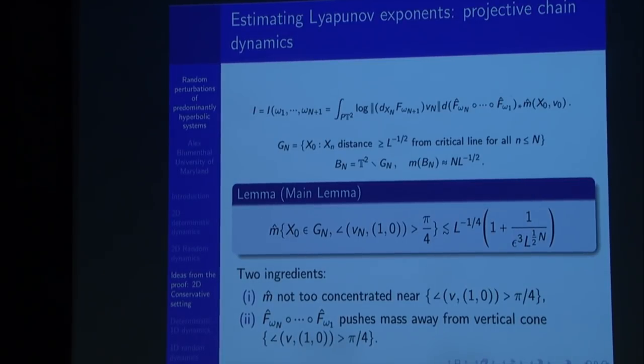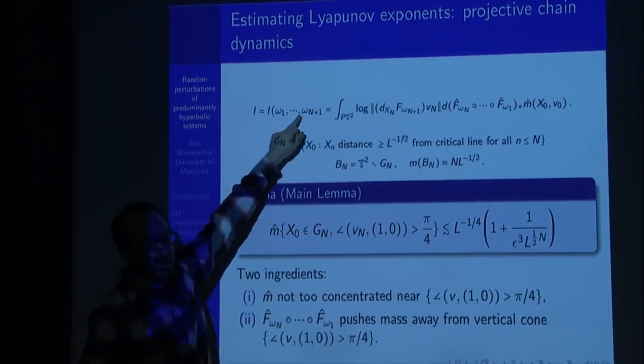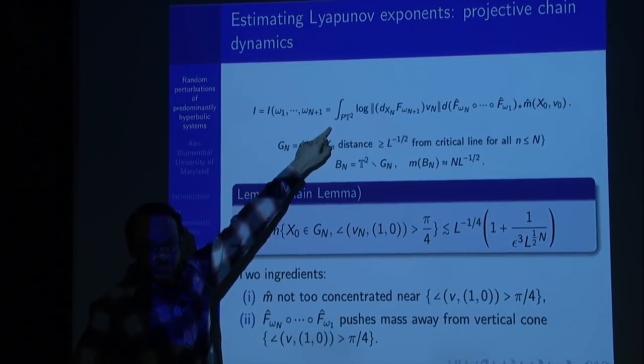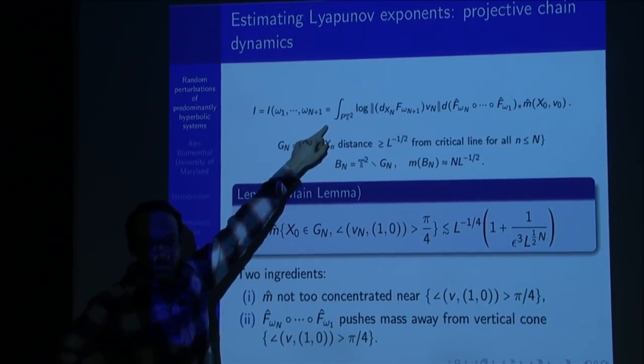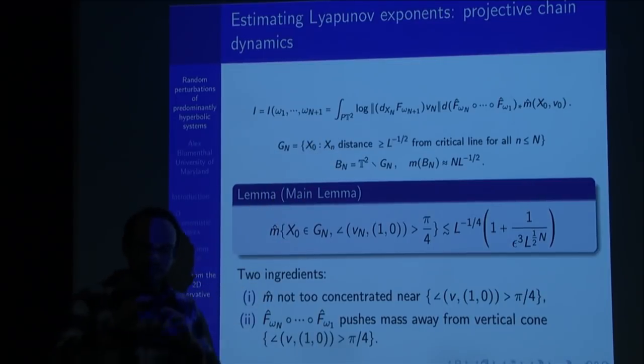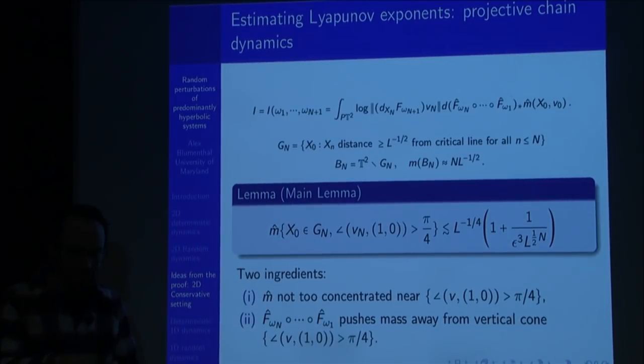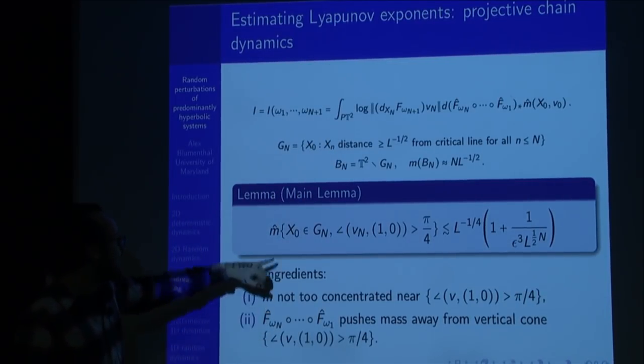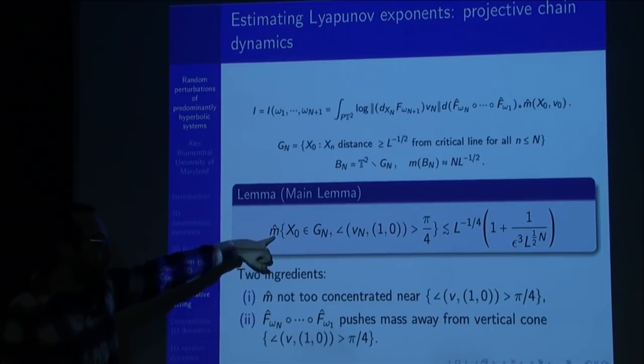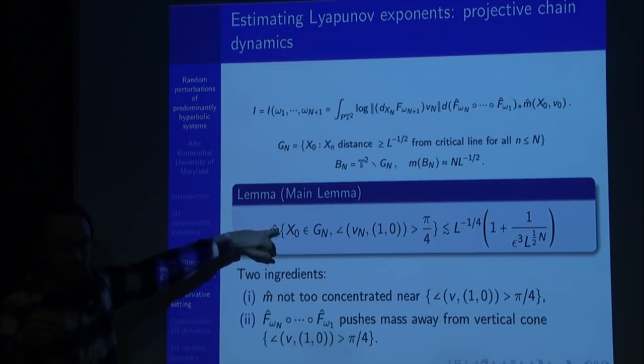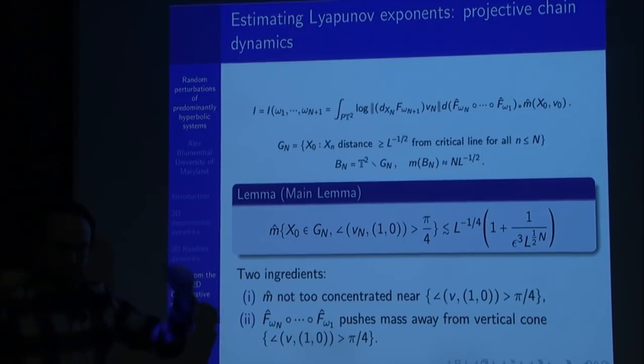And actually, this argument worked for every omega 1, omega 2 up to omega n plus 1. I didn't even have to average over them. I was effectively using the noise, though, because I was using some non-degeneracy of the stationary measure. I needed to use that the stationary measure had a density to begin with, something that I could control, and then I could begin shearing that mass away.